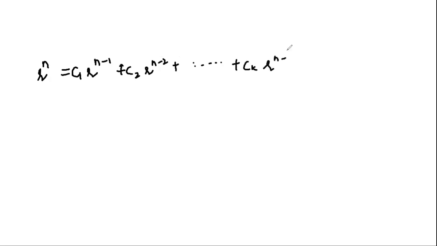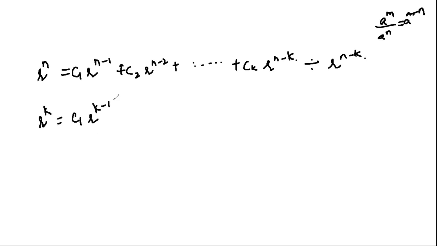The equation is r^n = c1 r^(n-1) + c2 r^(n-2) + and so on, ck r^(n-k). Now I am dividing both sides by r^(n-k). Recall that a^m divided by a^n gives a^(m-n). So r^n divided by r^(n-k) will simply give r^k.